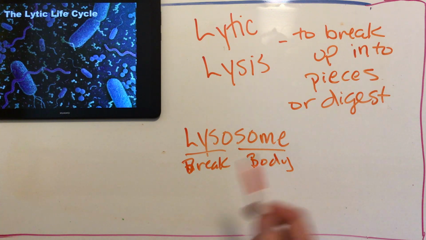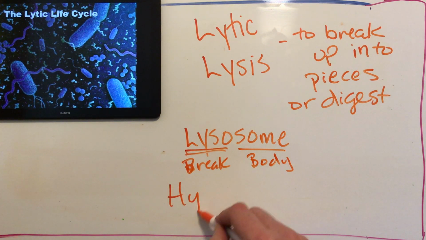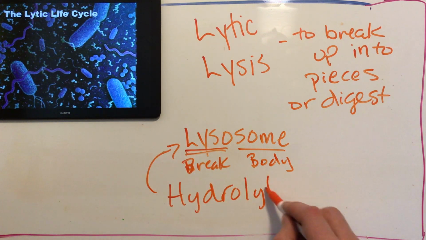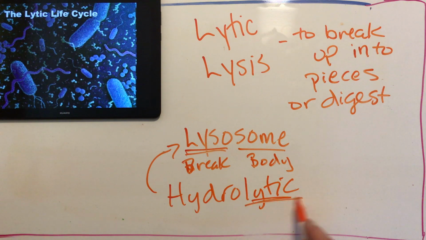Chop, chop, chop. It gets broken up. Lysosome, right? A hydrolytic enzyme, which is found inside of the lysosome. Again, there's our breakup. And this means that the enzyme uses water to cut things up. So a lysosome uses water and its enzymes to destroy things in the cell that shouldn't be there, that aren't working anymore.